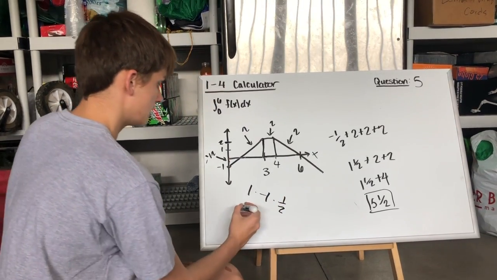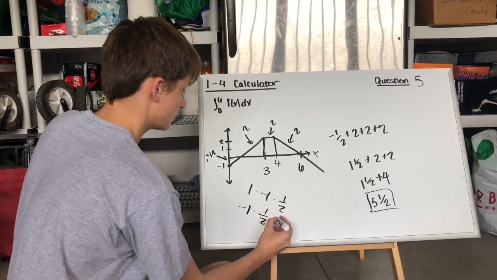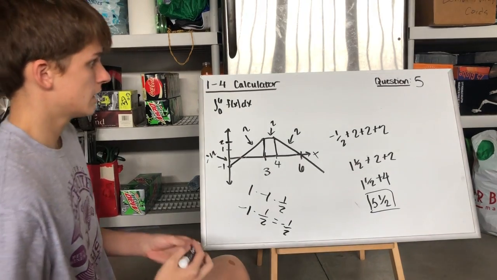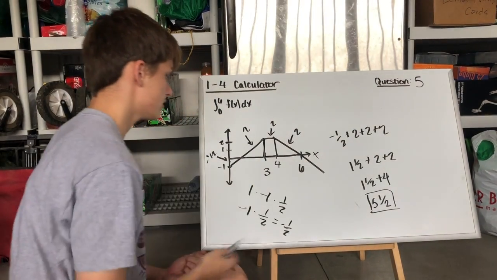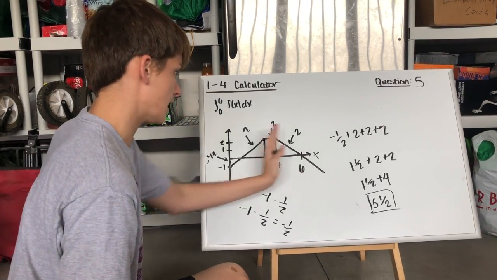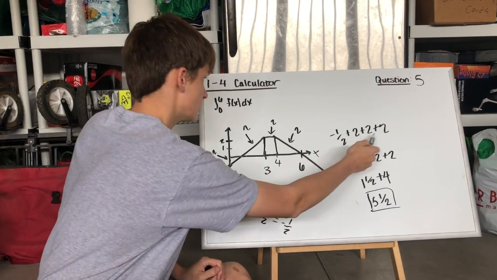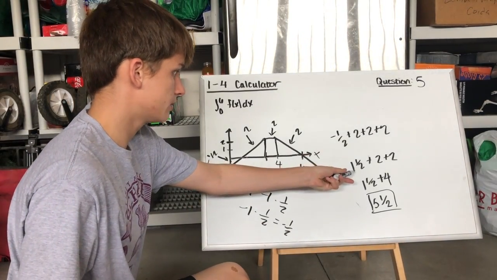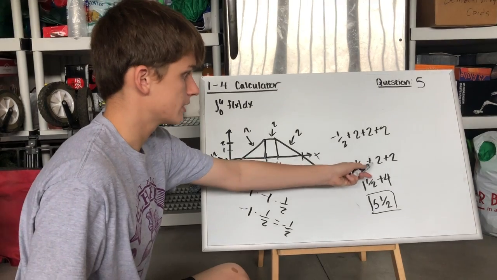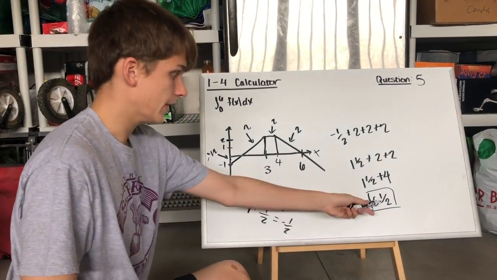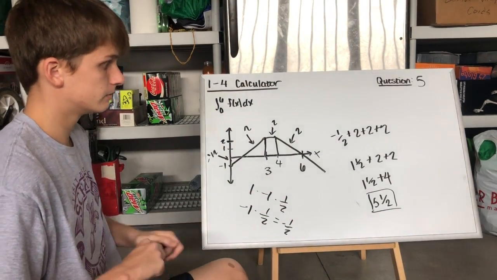And then we get negative 1 times 1/2, which equals negative 1/2, as indicated over here. So then we can just add all of these up together, starting with negative 1/2, since we're going from 0 to 6, so we just add this way. Then we have a 2, a 2, and a 2. We can simplify this into 1 and 1/2, plus 2 plus 2, 1 and a half plus 4, and then we get 5 and a half.